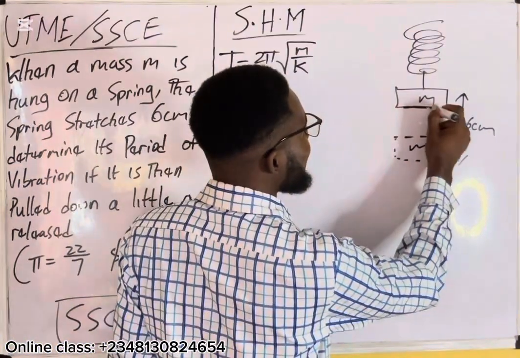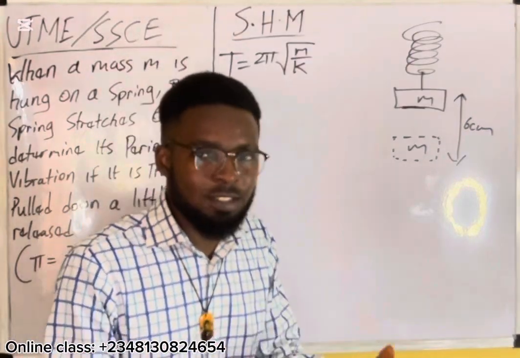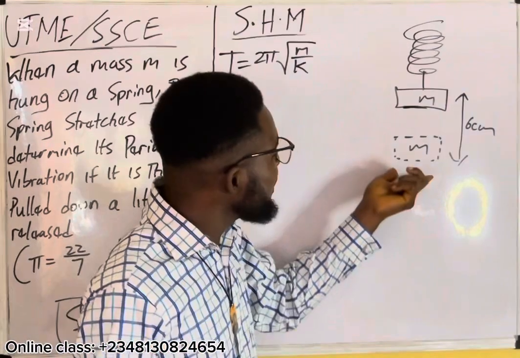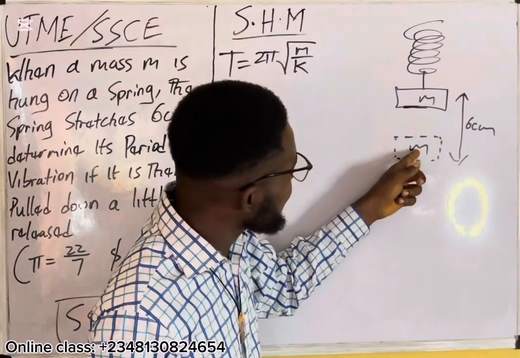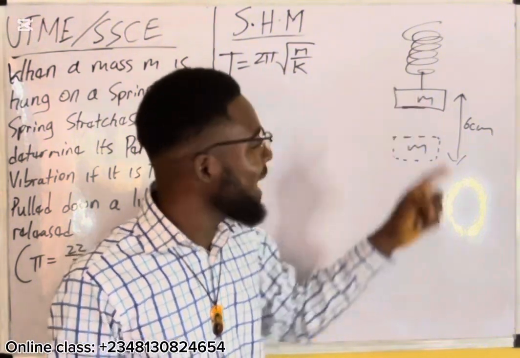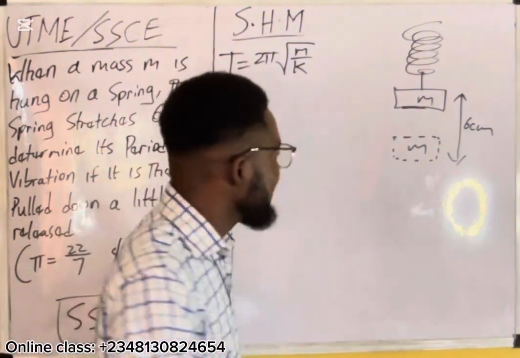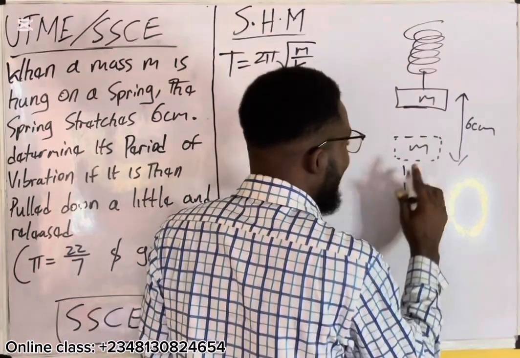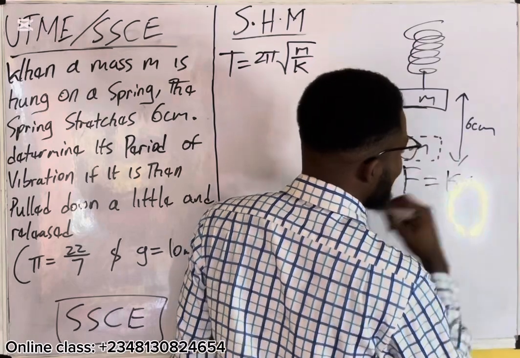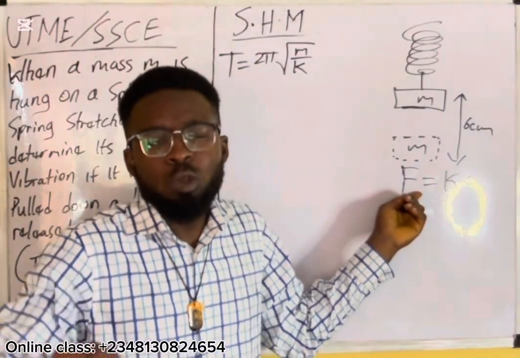Okay. Now, there is a force whose aim is to restore this body to the mean position. That force is known as the restoring force. The force is given by F equals Ke. This is gotten from Hooke's law.